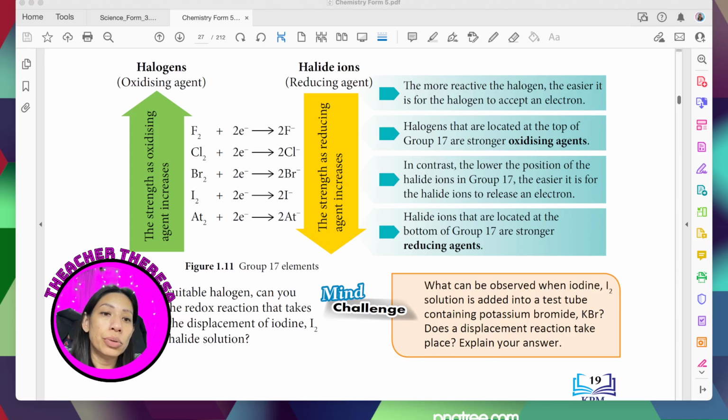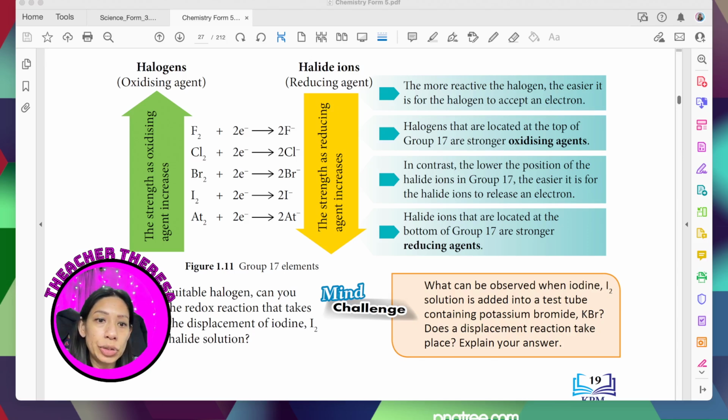Now that you know a new definition, oxidizing agent, reducing agent: if you know fluorine is more reactive, in the sense that more reactive means the tendency to receive electron, the tendency to undergo reduction, then fluorine will become a stronger oxidizing agent.